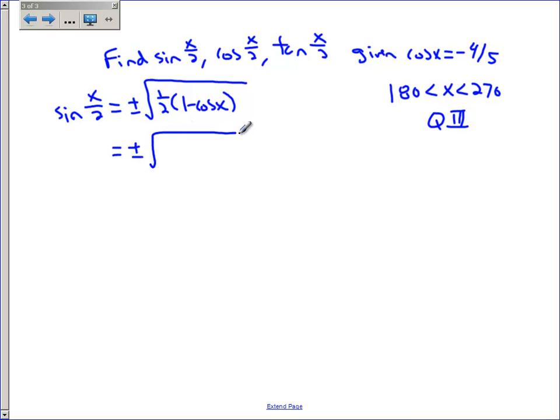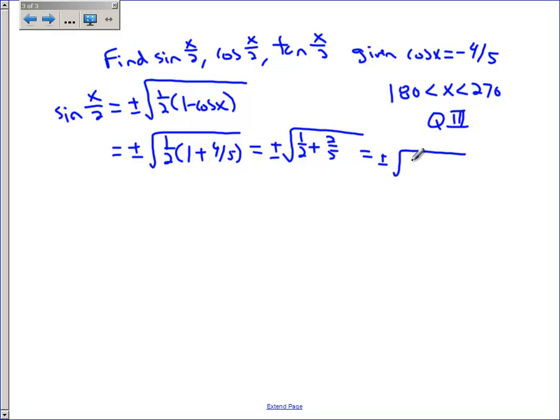Plus or minus the square root of 1/2 times 1 minus -4/5 is really 1 plus 4/5, which is plus or minus the square root of 1/2 plus 4/10 or 2/5, which gives me plus or minus the square root of 9/10, which is plus or minus the square root of 9 is 3, and 10 doesn't have a perfect square root.